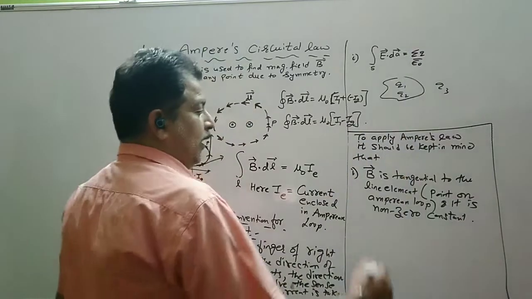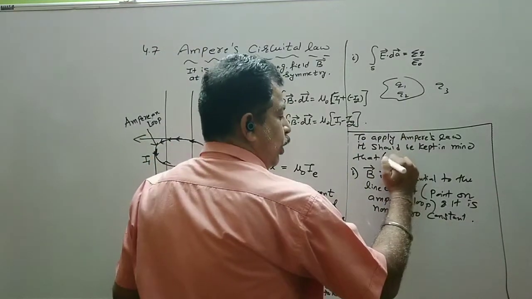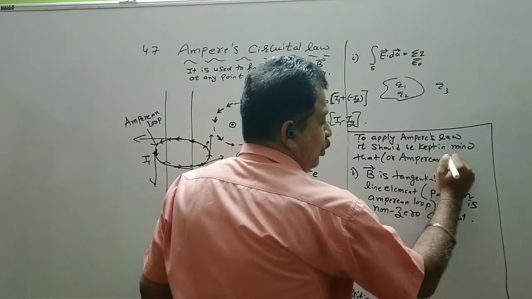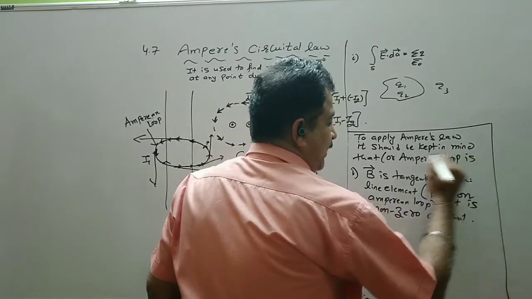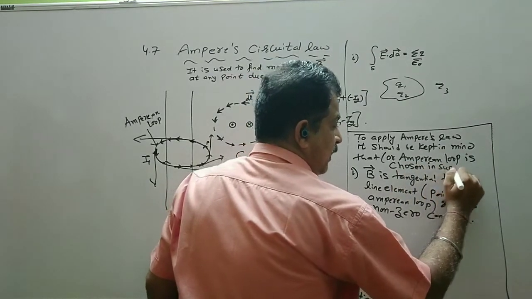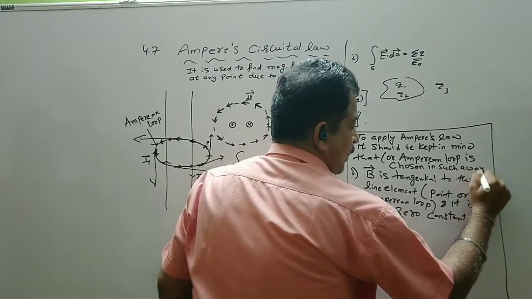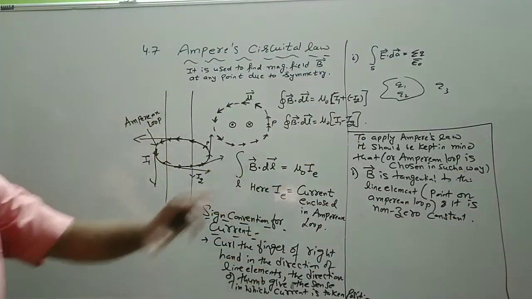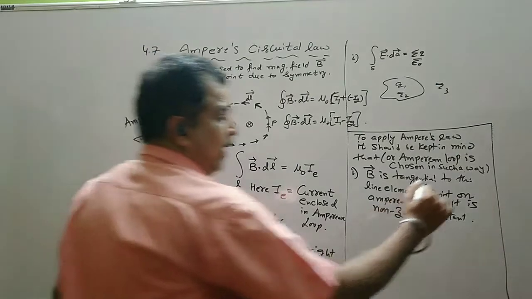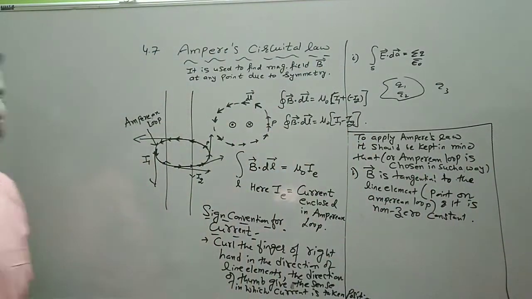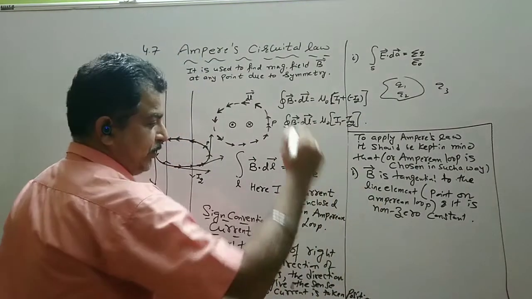So this is how to apply Ampere's law. It should be kept in mind that the Amperian loop is chosen in such a way that B is tangential to the line element or the point on the Amperian loop. So in this case, theta will be 0.